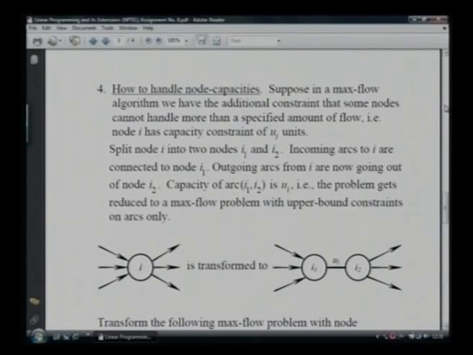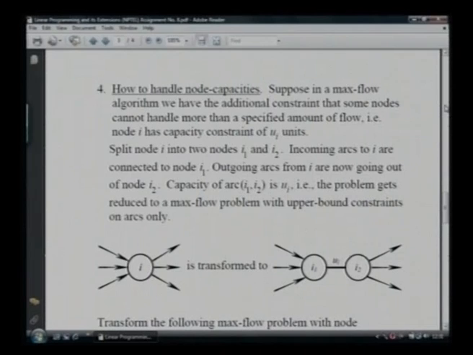So here, for example, if node I has a capacity of UI units, the amount of flow it can handle, then you split the node into 2 nodes I1 and I2. The incoming arcs to node I will now be incoming to I1. Then I join I1 to I2 with an arc that has a capacity UI units, and the outgoing arcs from node I will now be outgoing from I2.